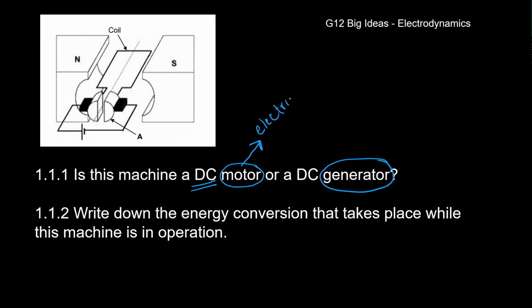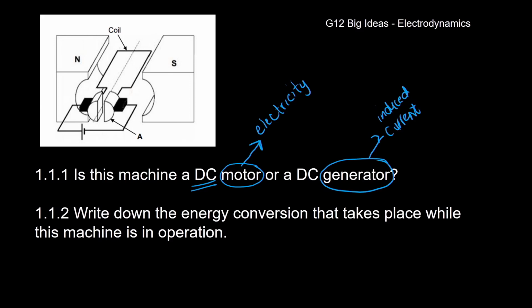It's connected to an external circuit. And the generator is the one where we have induced current as a product of that interaction. Okay, so which one do you think it's going to be?